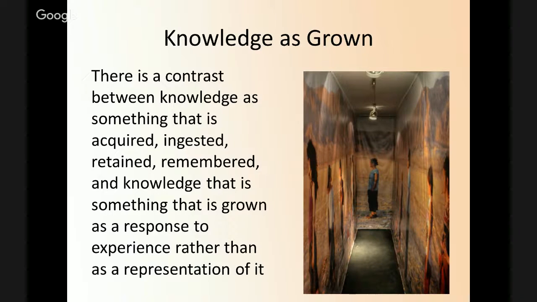I use the analogy a lot. Developing knowledge is a lot like developing a muscle, right? You would never talk about muscle transfer, or presenting muscle on a video screen and somebody looking at the video screen and acquiring the muscle. That would be absurd. It would be laughable.